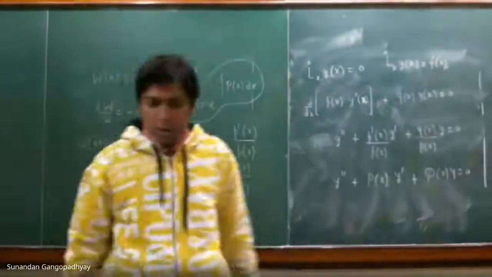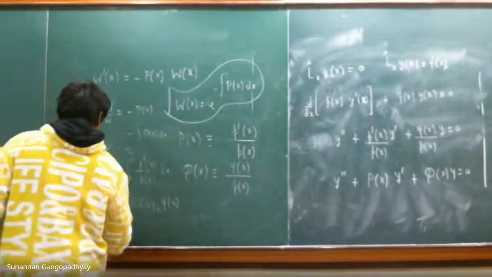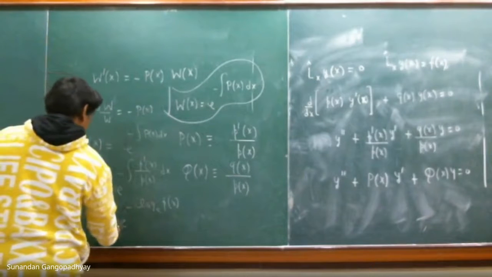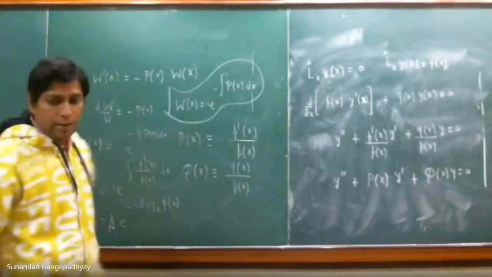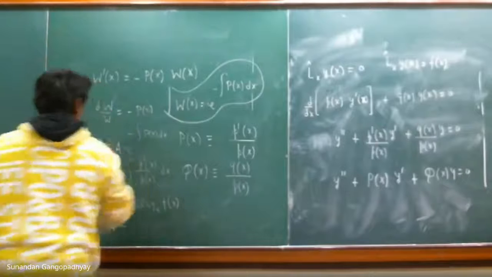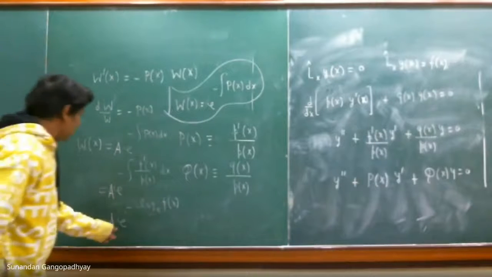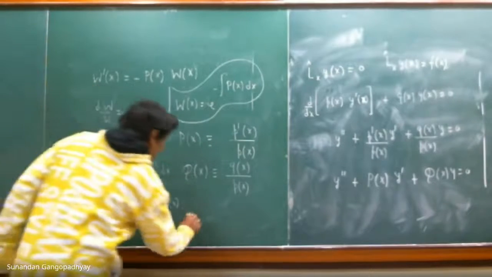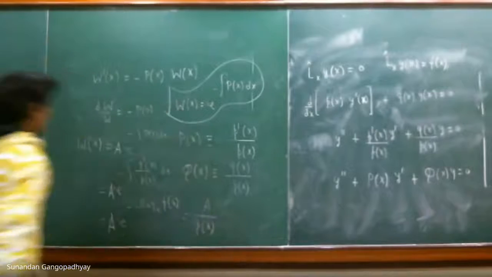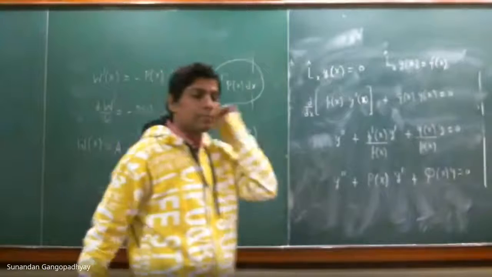You can put some constant, obviously, some constant capital A. So this will be A to the power minus ln p, and therefore this is equal to A by p of x. The Wronskian is nothing but some constant by p of x.